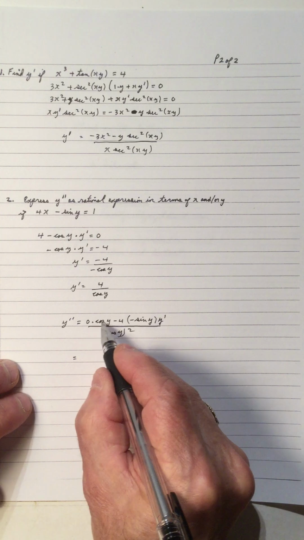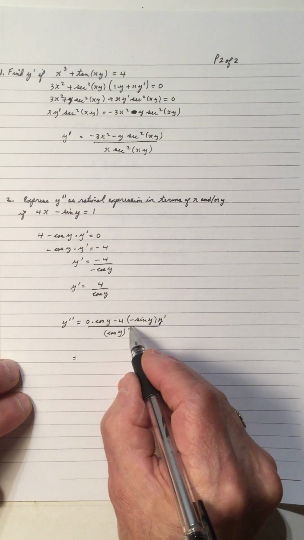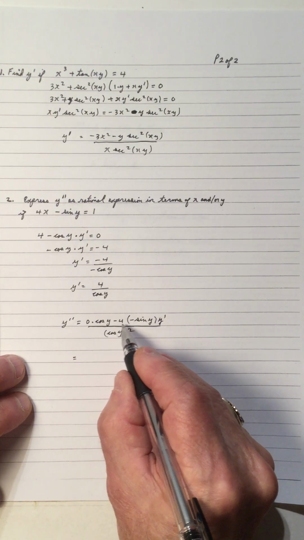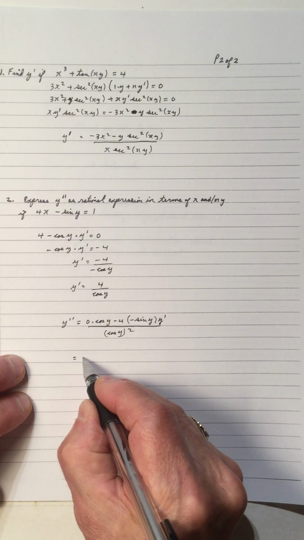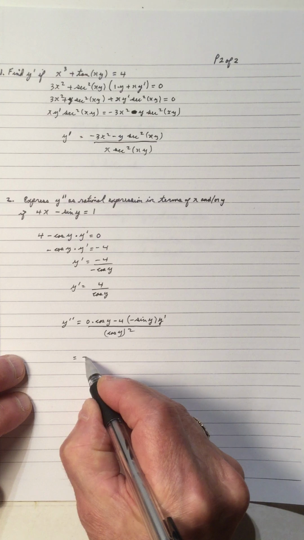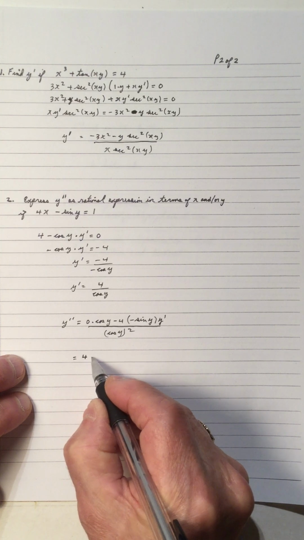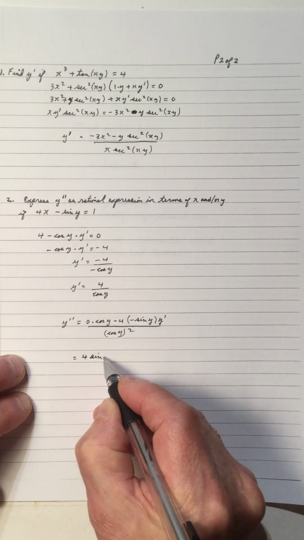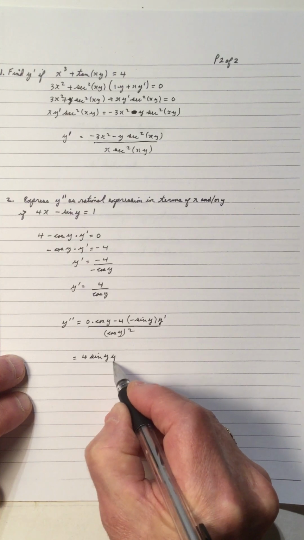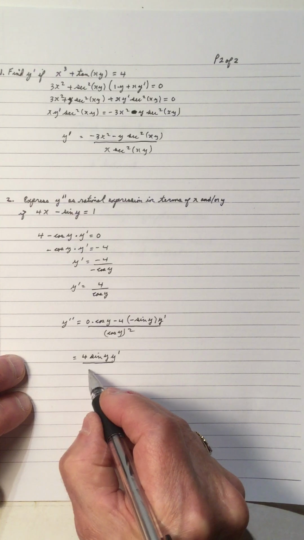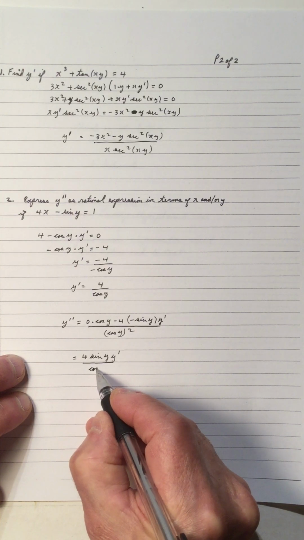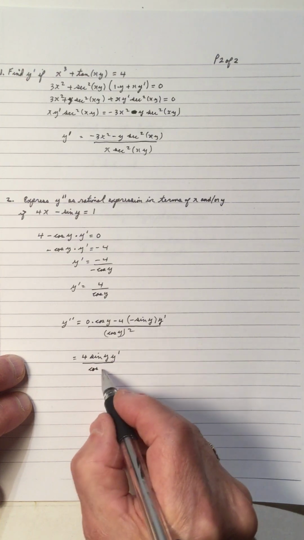So let's simplify that. 0 times cos y is 0, and negative times negative is positive, so it's 4 sine y prime over cos y squared.